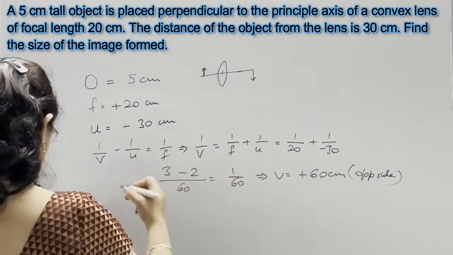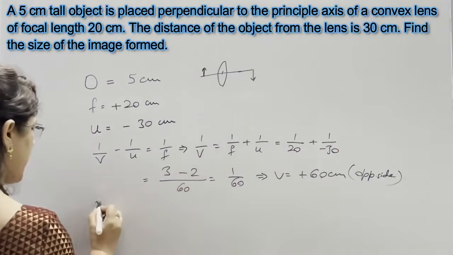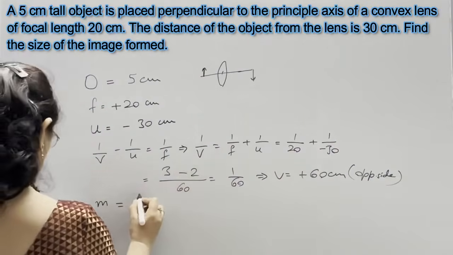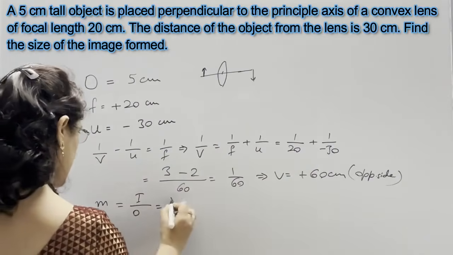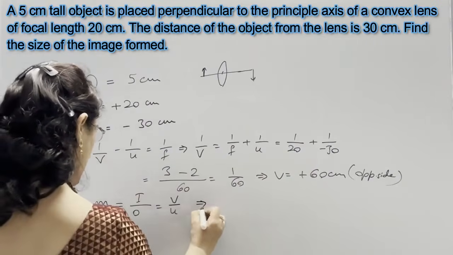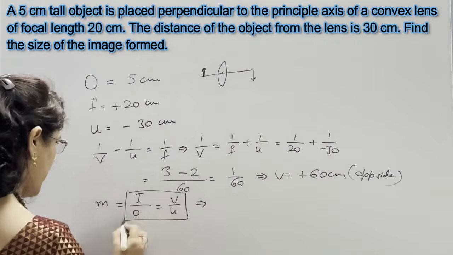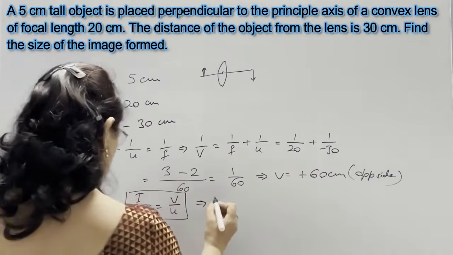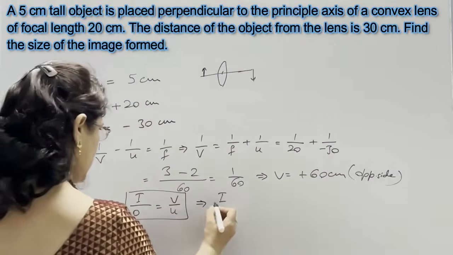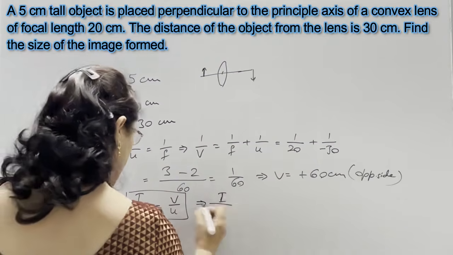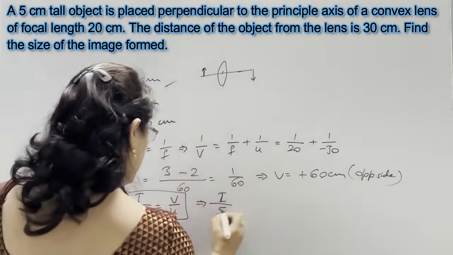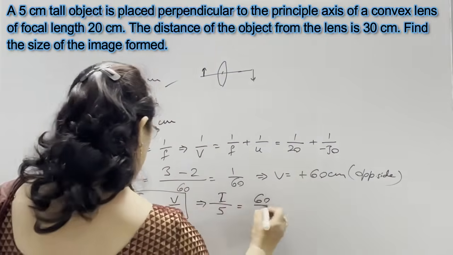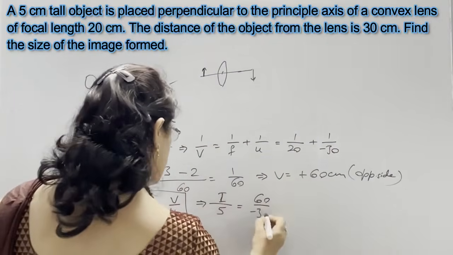Now the size of the image formed. We know that magnification is equal to I upon O is equal to V upon U. We are going to use this formula in many other numericals also. So value of I we don't know, we have to find. So we take it as just I, and value of O is 5, value of V is 60, value of U is minus 30.